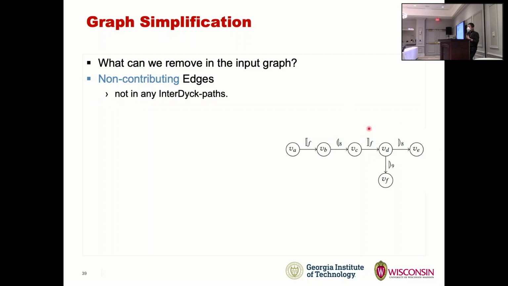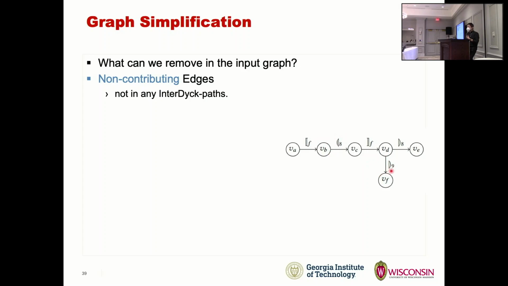From this figure, this graph contains 5 edges, and which edge is not Interdyck contributing? It should be this edge, right? The reason is that it's a closed parenthesis labeled by 9, and we don't have any matching open 9 edges in this graph.